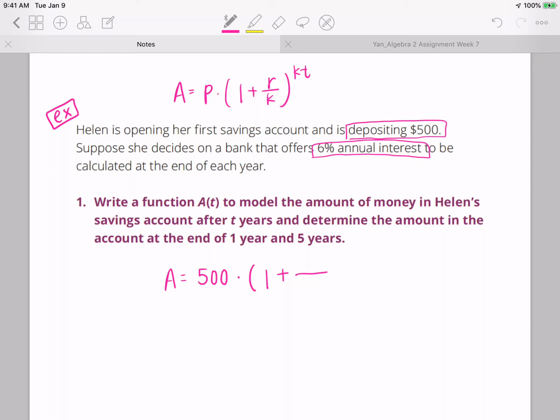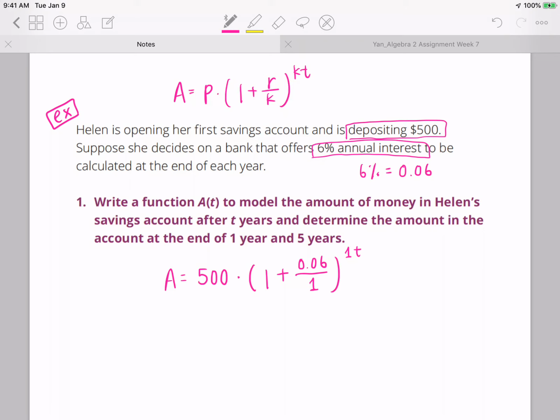So we're getting 6%, and we have to convert this to a decimal first, which is 0.06, over K. How often is she getting this? She's getting this annually, right? So that means it's just a 1 at the bottom, and then K happens again, which is 1, and times T.